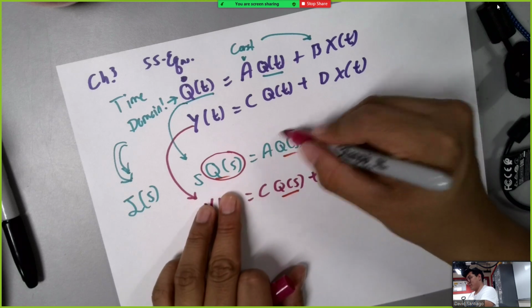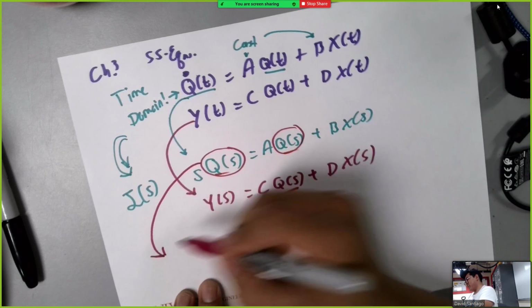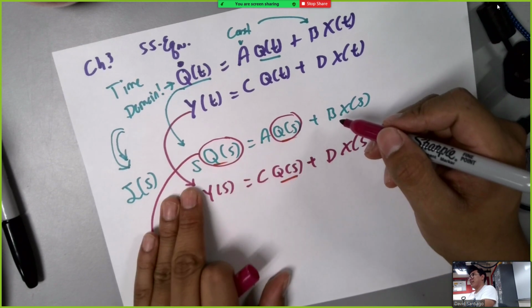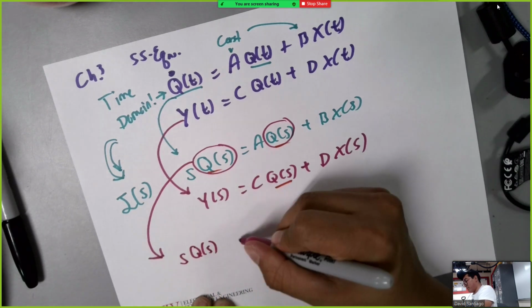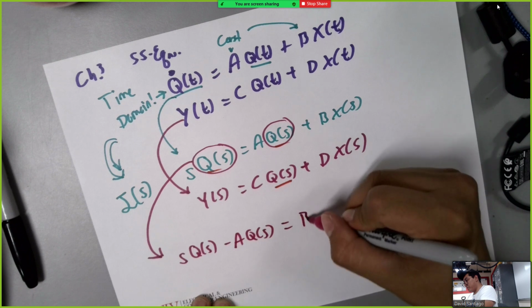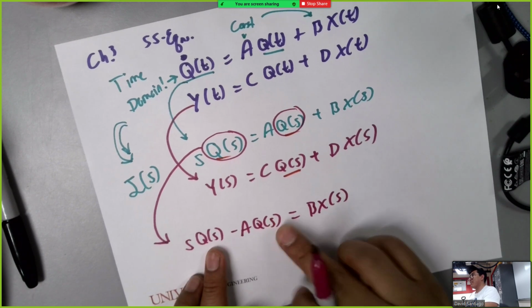Here's a like term, here's another like term. So let's move this to the other side: s q of s minus a q of s is equal to b x of s. Is that making sense? And we want to factor this out.